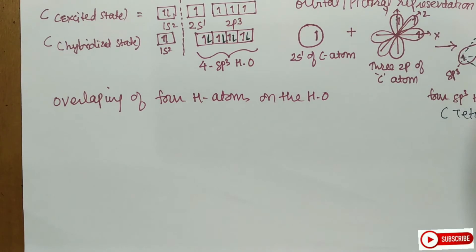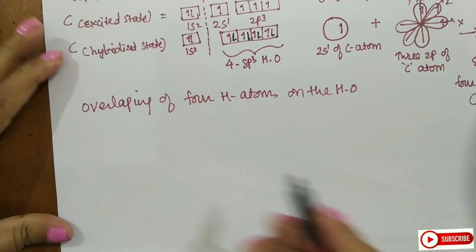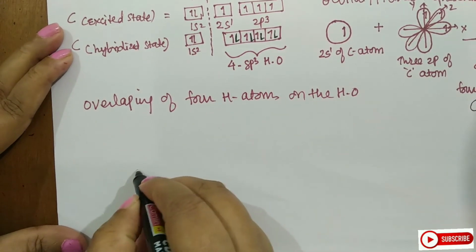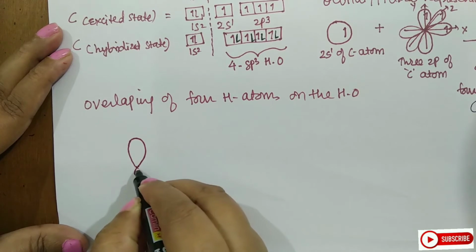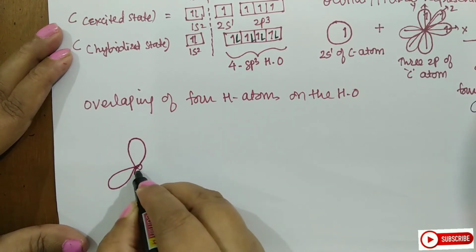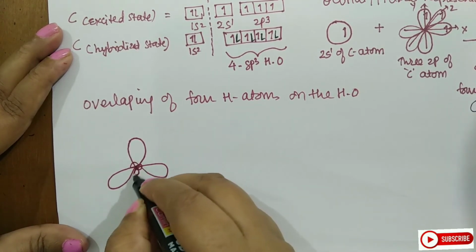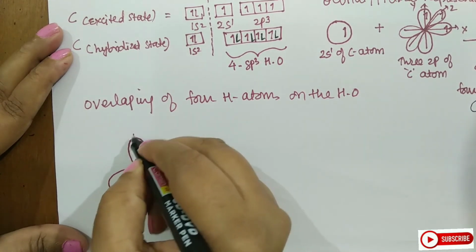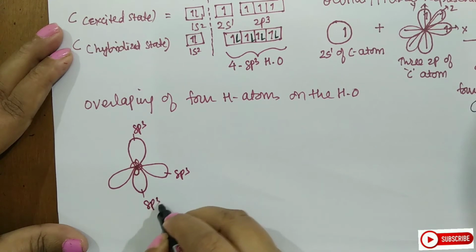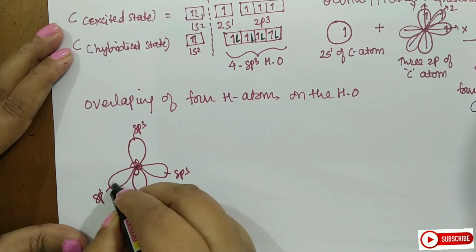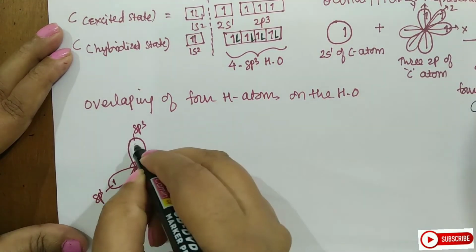So let us show that also through the pictorial representation. I am drawing the structure here again, so this is what I have. The first one, the second one, the third one and the fourth one. They all are sp3 hybrid orbitals with one electron each.